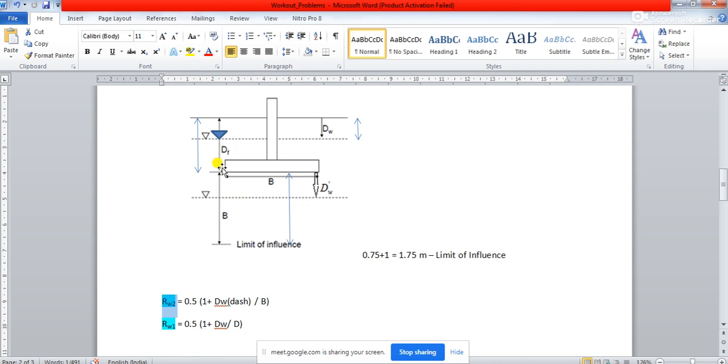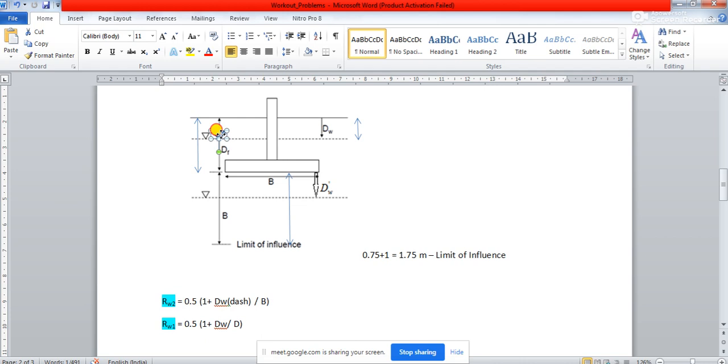However, this Rw1 factor will now reduce, because dw will be lesser than df or d. So this ratio will be lesser than 1, so 1 plus some value multiplied by 0.5 is going to reduce, and that way Rw1 will reduce the saturated or bulk unit weight of the soil.